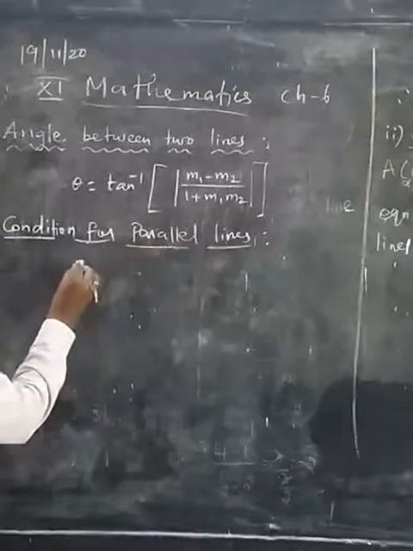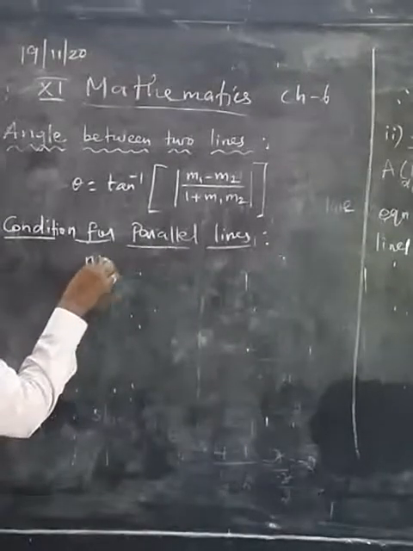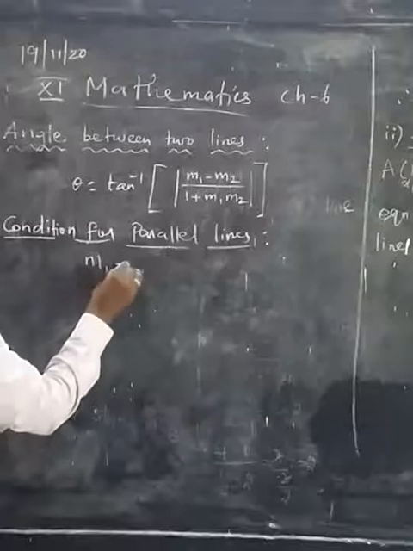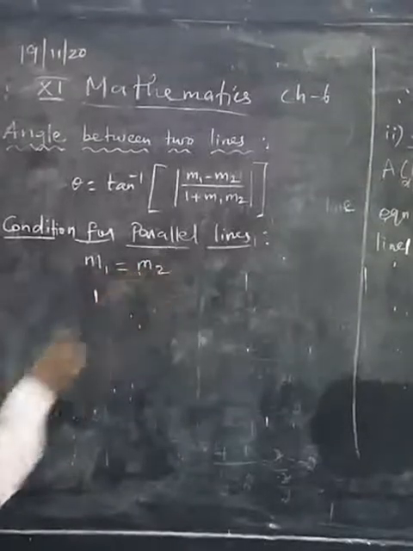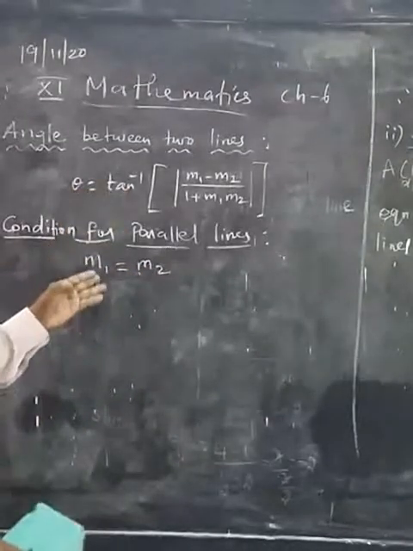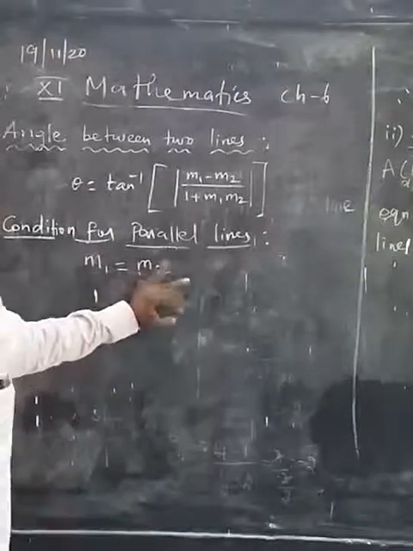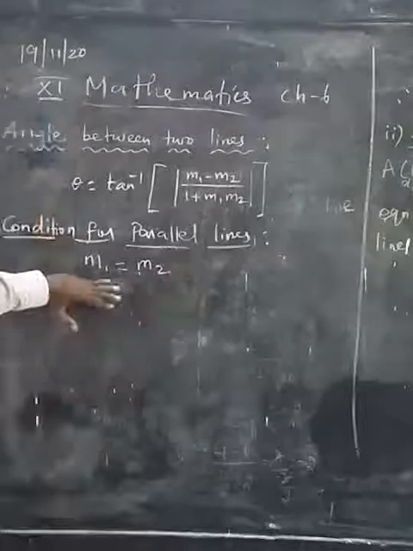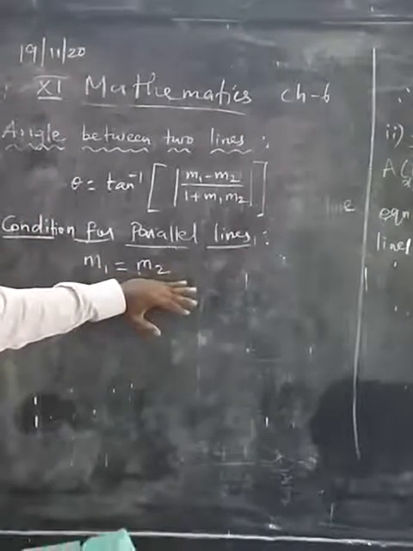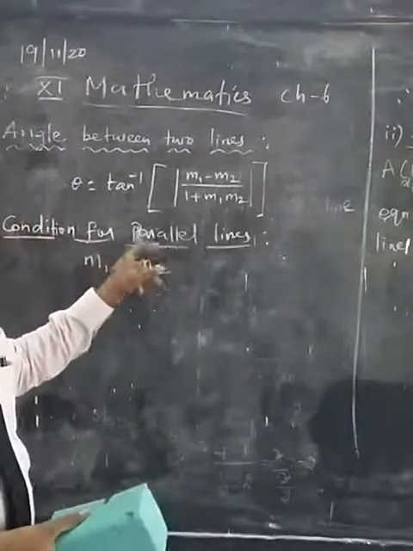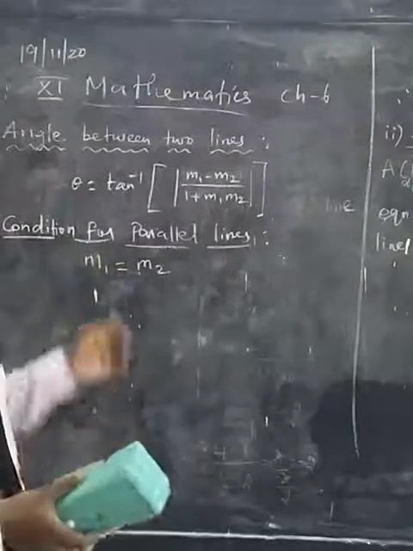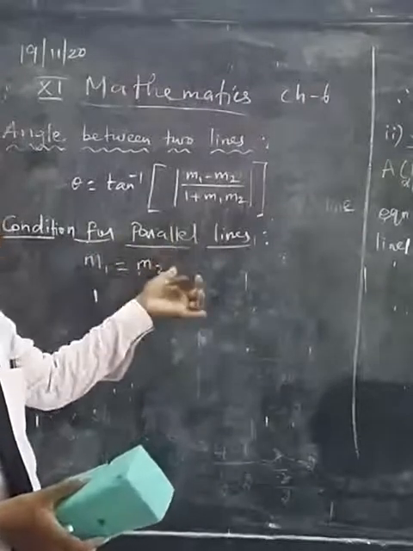That is what we are going to see here. Even this you know already in your 10th standard, but we will recall it. m1 is equal to m2. Again the same meaning: m1 means the slope of the first straight line, m2 is nothing but the other line's slope. If the slopes are equal, then we will say the lines are parallel.